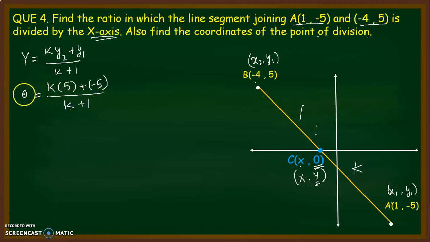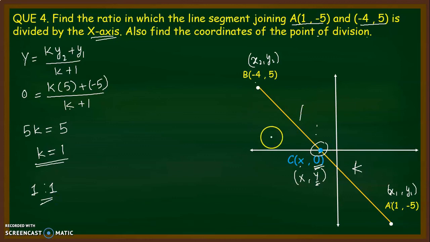If you multiply this k plus 1 with 0, it becomes 0. So we get 5k equal to 5, so we get k equal to 1. It means this x-axis will divide this line AB in the ratio of 1 is to 1, or we can say this point is the midpoint of these two points.